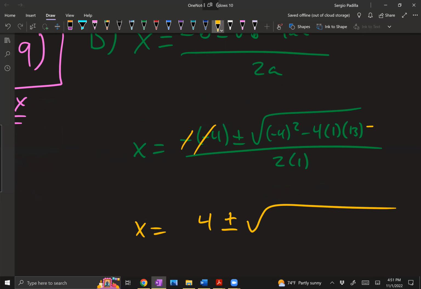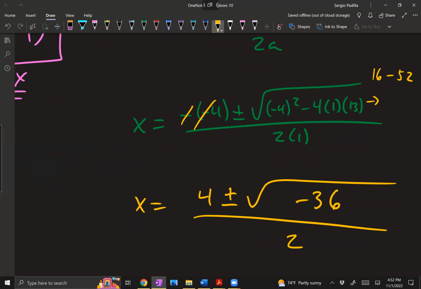On the inside, 4 squared is 16, minus 4 times 1 times 13 is 52, so you end up with -36. I'm going quick since I did this one earlier today, but you would do this work. You'd subtract it, and then divide by 2 times 1, which is just 2.